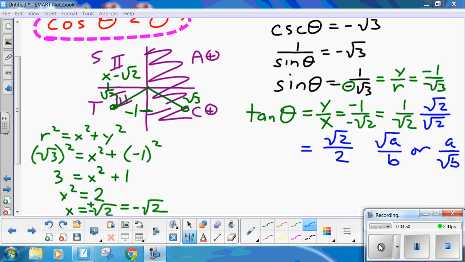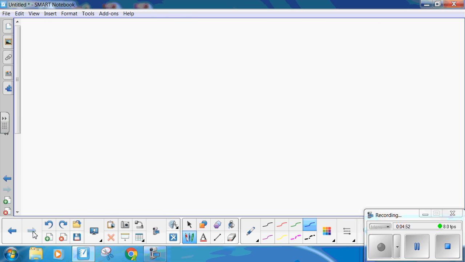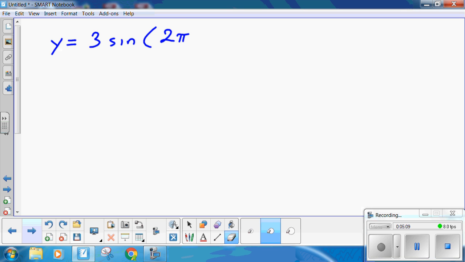Now, for the rest of this, there's two basic parts, either transforming the graph or coming up with the transformed graph. So, x, sorry.